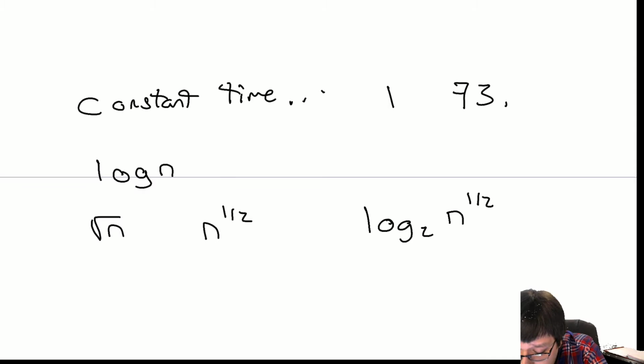I do believe that means the 2 comes down here, and then this just becomes 1. Yes. And so 2 log 2 n is basically, this is just a number here. It's irrelevant. It's just times 2. So for all intents and purposes, they're the same.